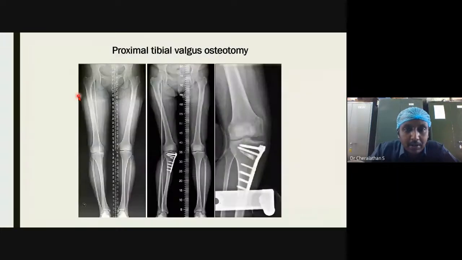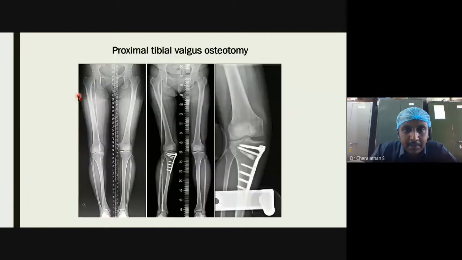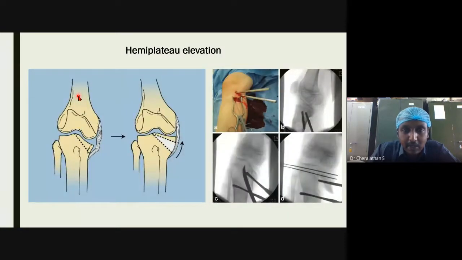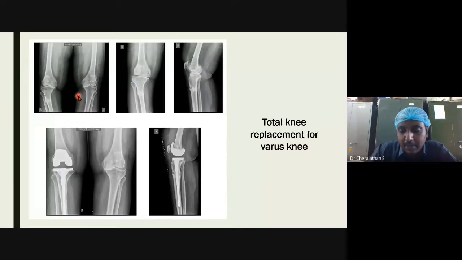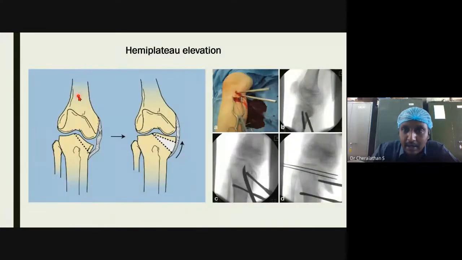So be clear about the treatment options: physeal bar excision, proximal tibial valgus osteotomy, hemi-plateau elevation, total knee replacement. Physeal bar excision is for the pediatric age group where the physis is still intact, and these can be done in adults.